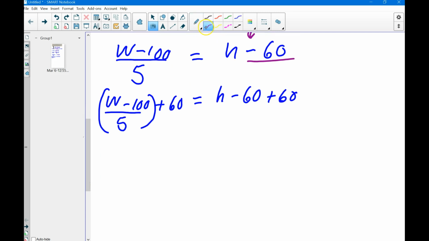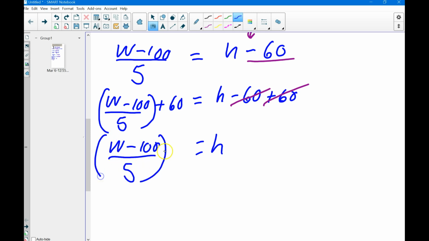On this side, minus 60 plus 60 goes away, and I'm left with H. And now I have W minus 100 divided by 5 plus 60. And that's it.